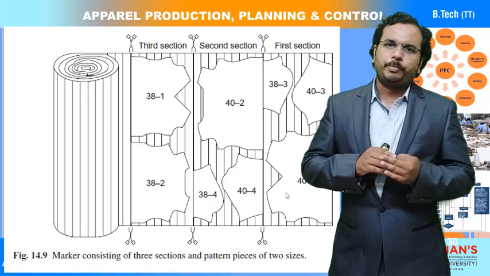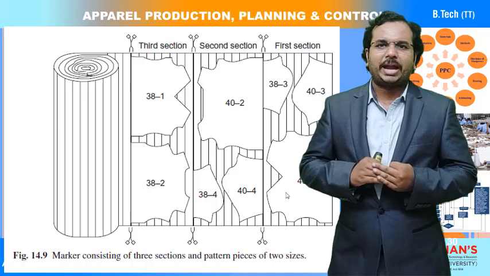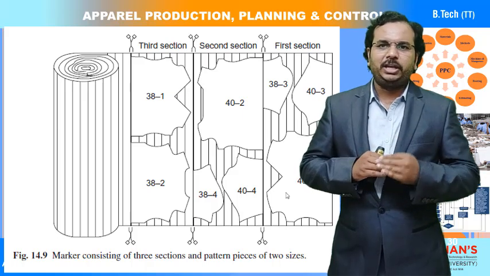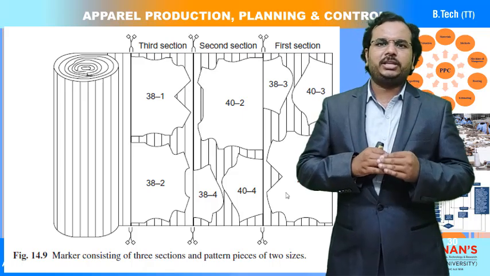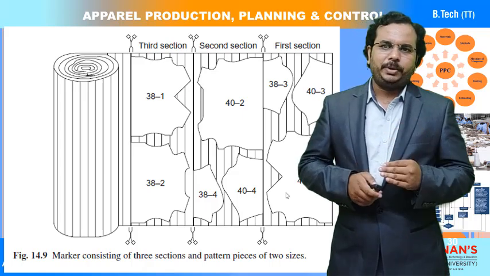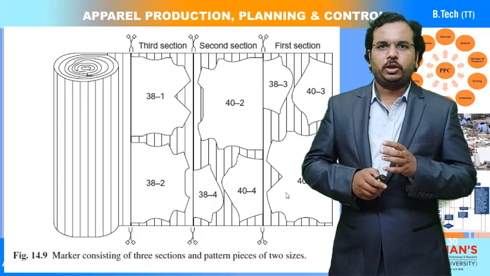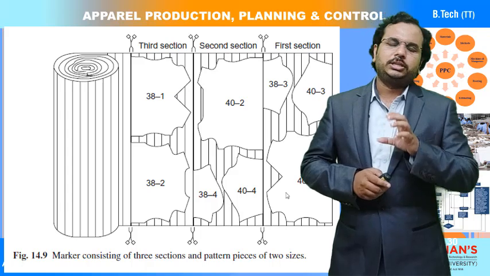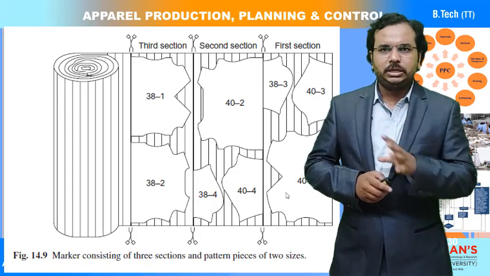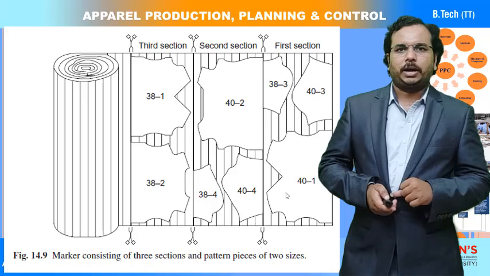Nothing but the component, pattern to pattern has to be perfectly aligned, and you need to consider the wastage of the fabric after keeping these panels. Okay, so the marker consists of these 3 sections, and you can see how they have arranged all the panels in the marker.